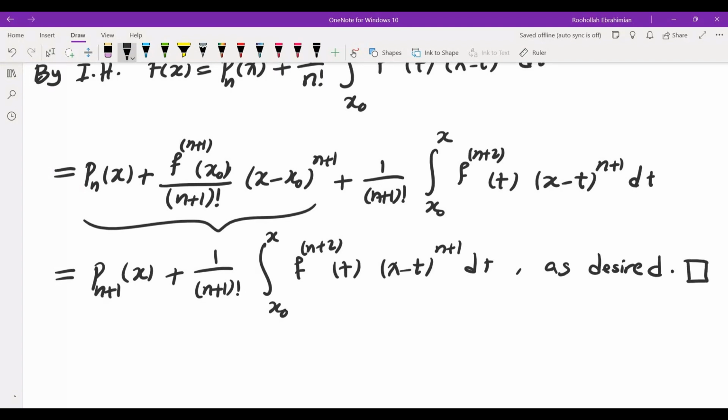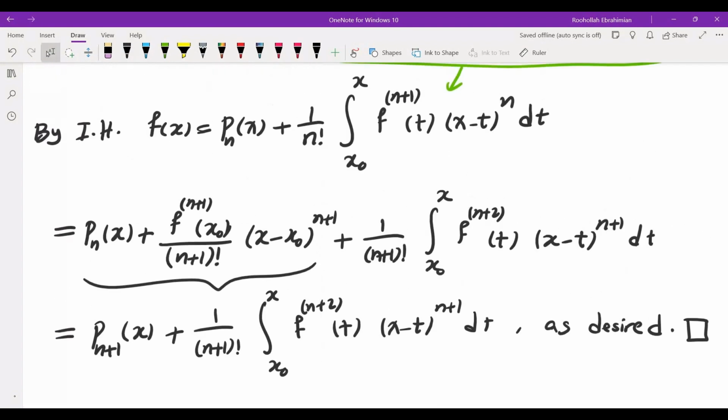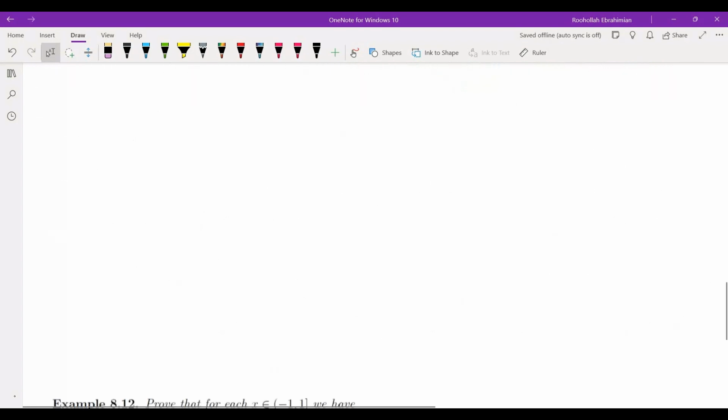And this completes the proof. So what I did was I showed that the next remainder can be obtained by extracting one more term of the Taylor series.